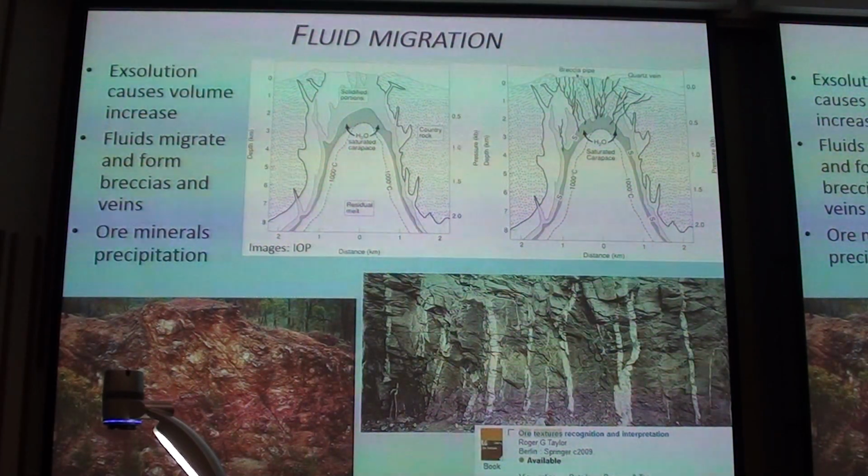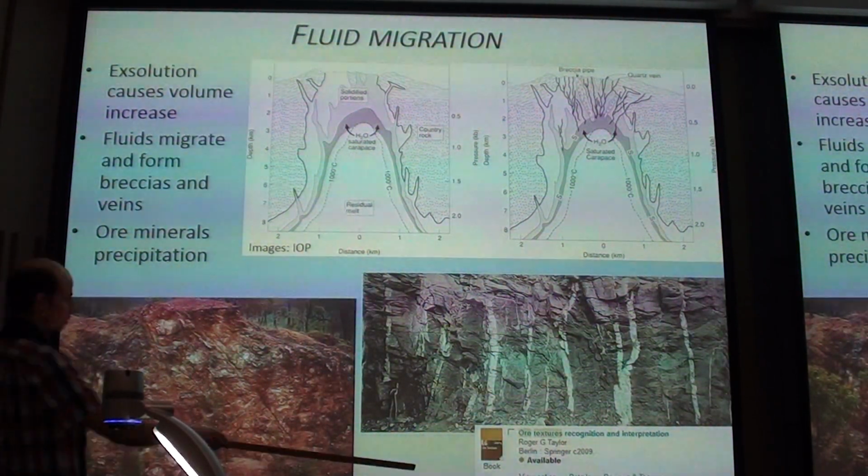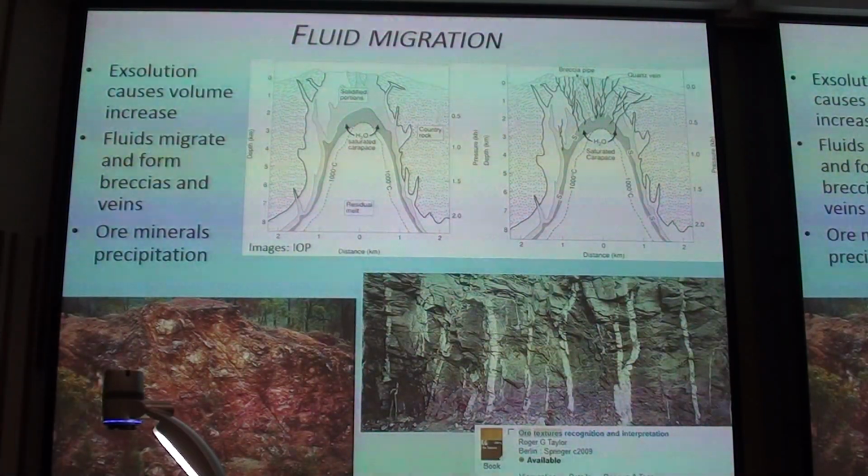So suddenly we have a system that was at volume X. At one stage we separate the water, the volume increases, and we have to allow that to escape. That often creates brecciated areas above magma bodies, or in this case veins that are then infilled by quartz or carbonates.